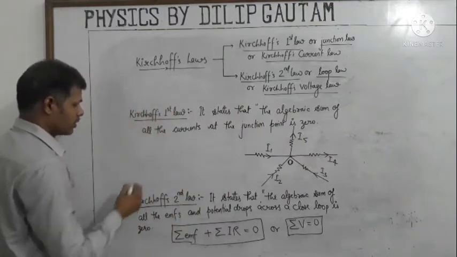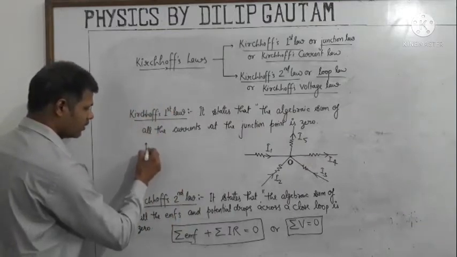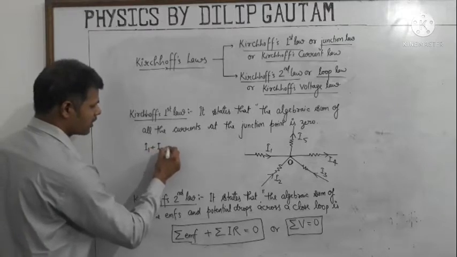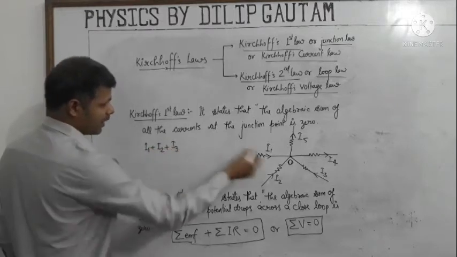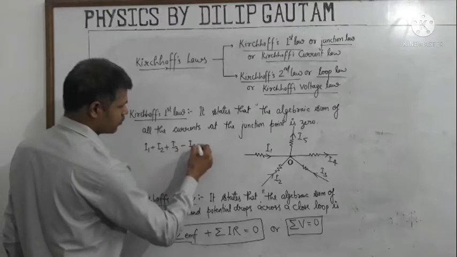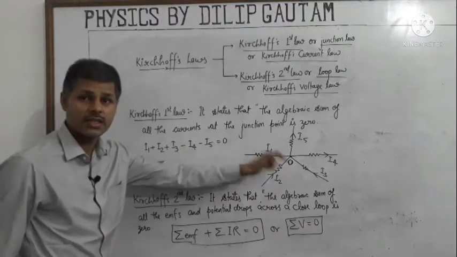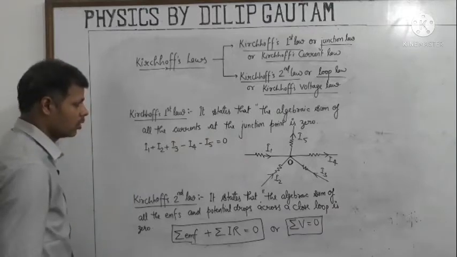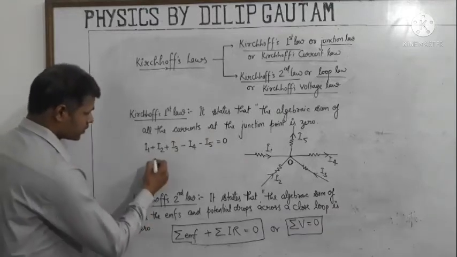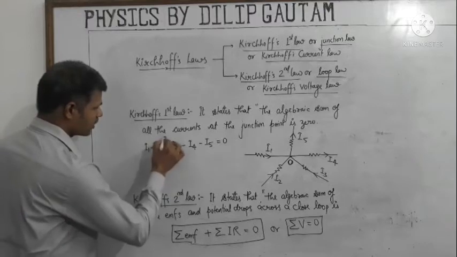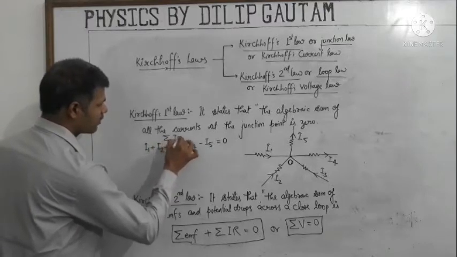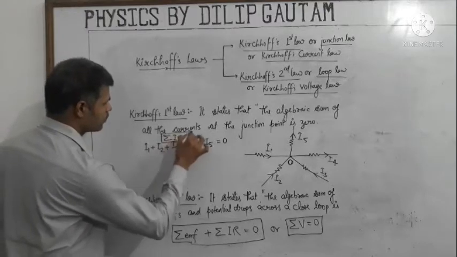As per Kirchhoff's first law, I1 plus I2 plus I3 minus I4 minus I5 is 0. The algebraic sum of all the currents at the junction point is 0, or summation of all the currents, sigma I, is 0.